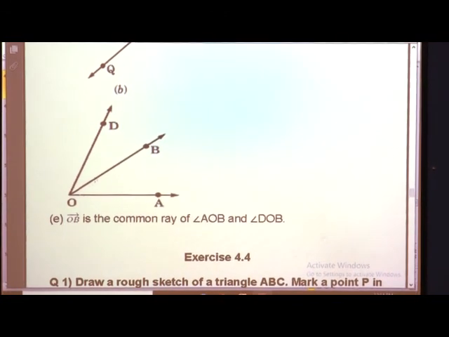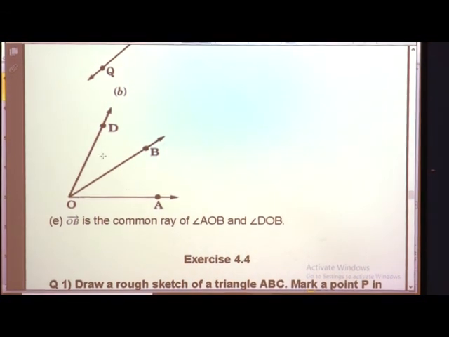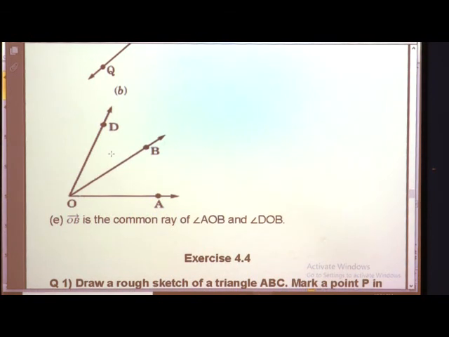Now O is the common point here and we have to find a common ray for both angles. The two angles are AOB, the first angle, and DOB, the second angle. For these two angles the common ray is ray OB.